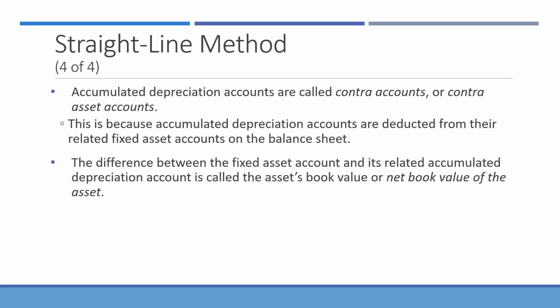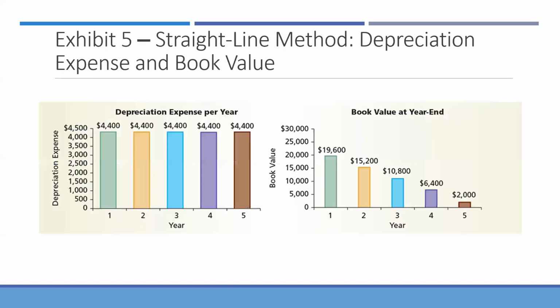It shows up in the asset section of the balance sheet, and it shows us the net book value of our fixed assets. And as the life of the asset progresses, the net book value on the balance sheet decreases.